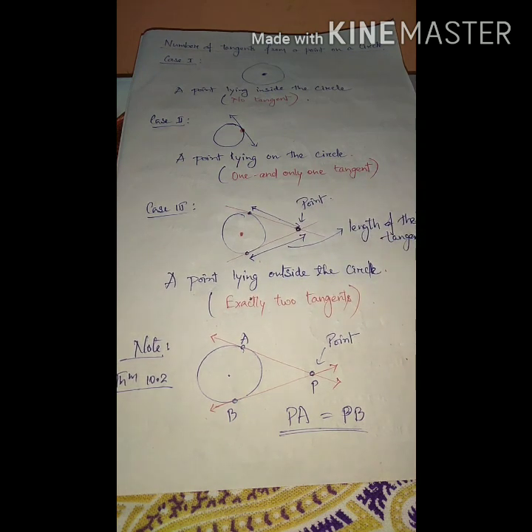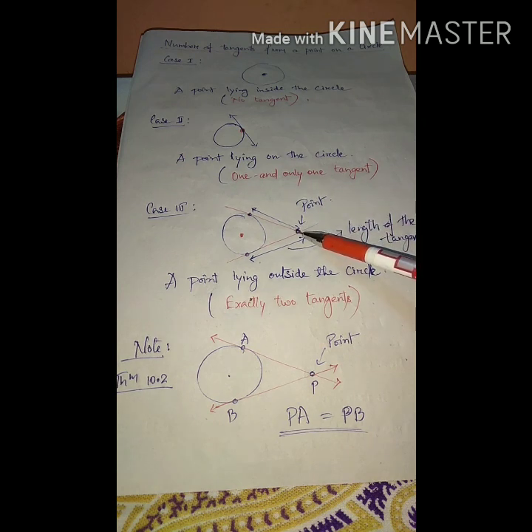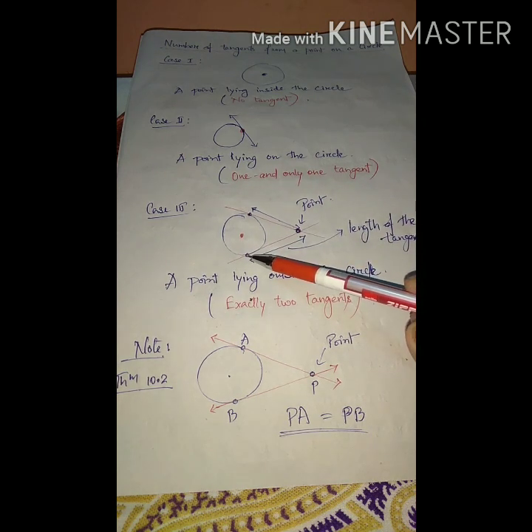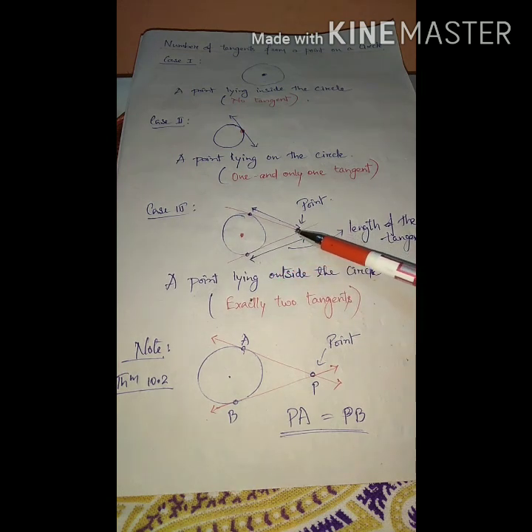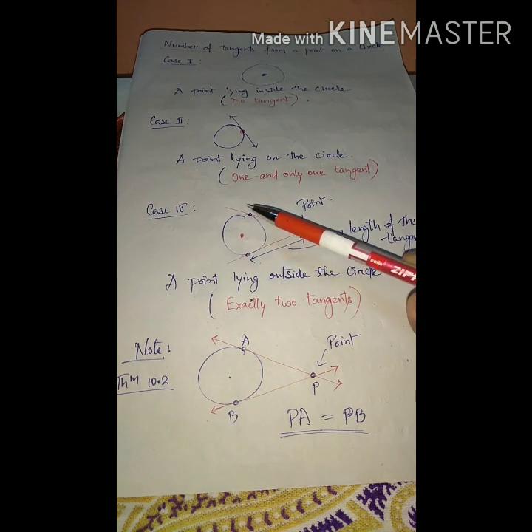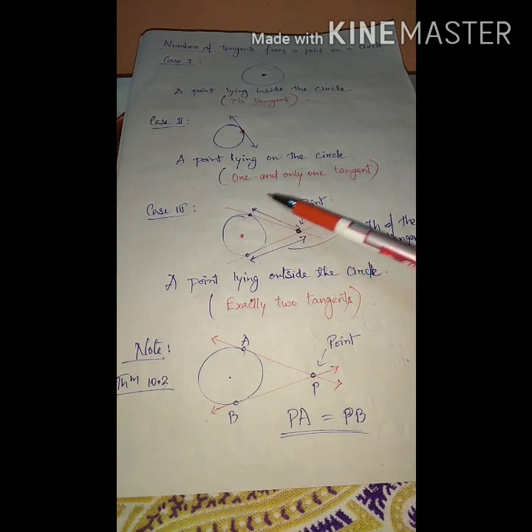Now the main point is: from this external point up to the point of contact, this length is known as the length of the tangent. I repeat, from the external point to the point of contact, this length is known as the length of the tangent. Similarly, from this point to the other point of contact, this is also a length of tangent.